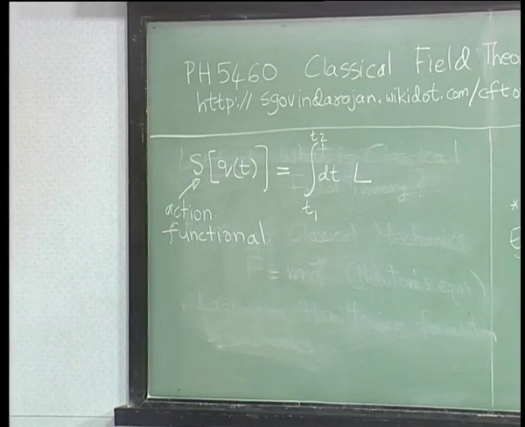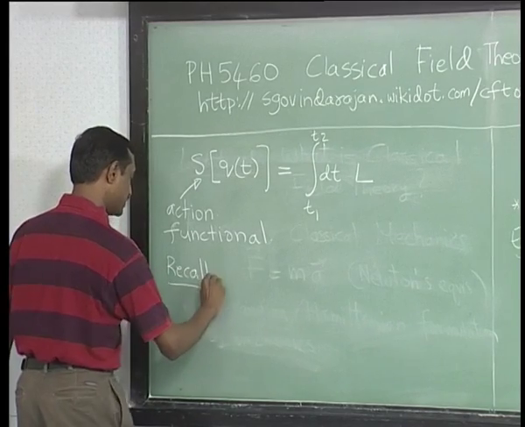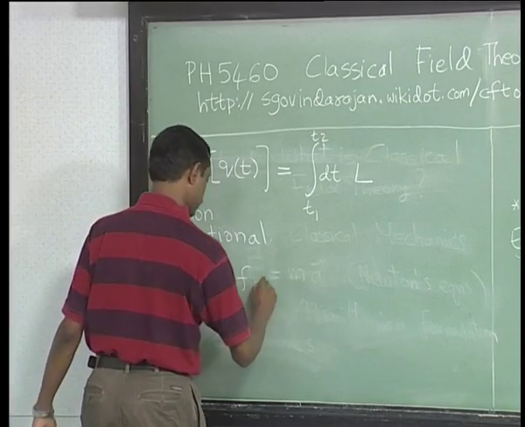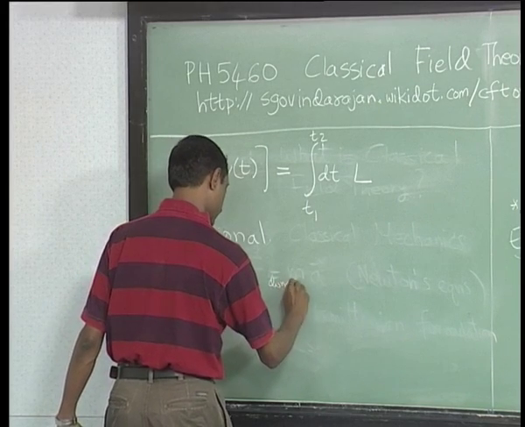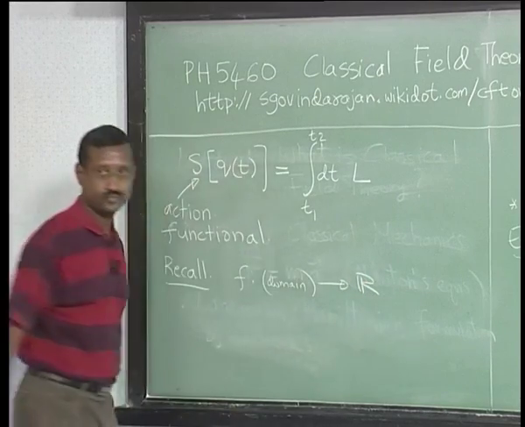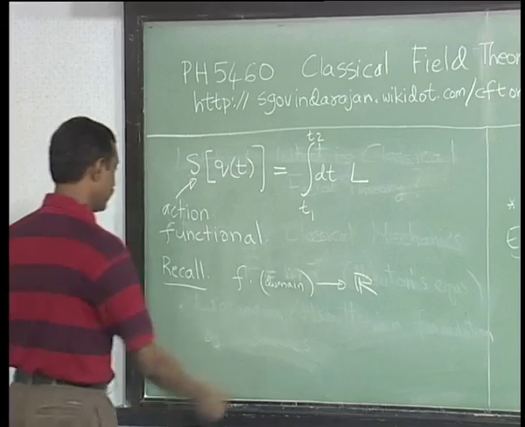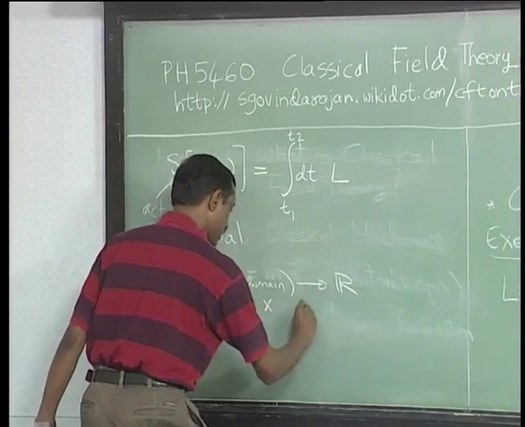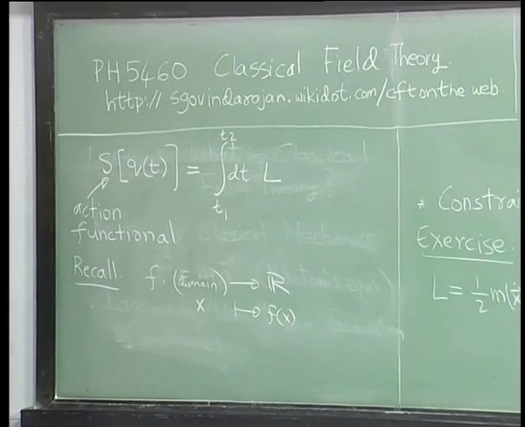Okay. So, just recall that a function is a map from some domain to reals. So, if x belongs to this domain, it will give you f of x, which is the number.